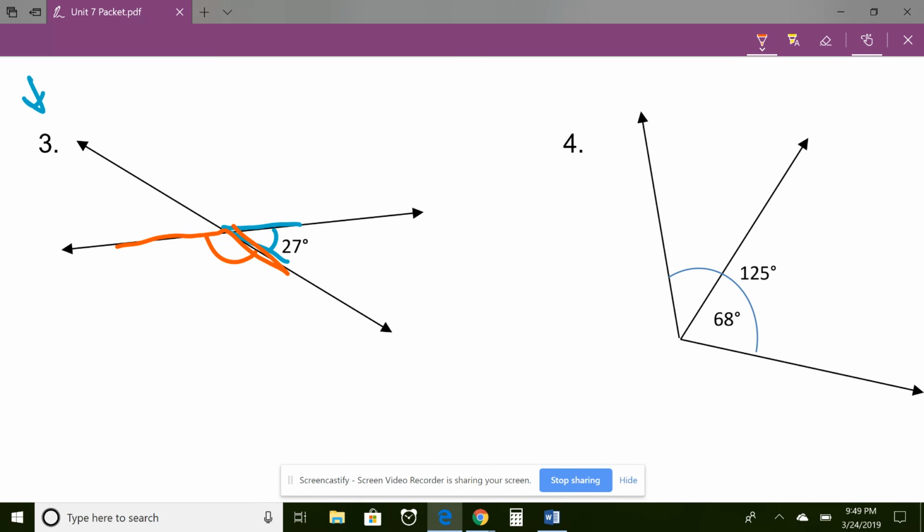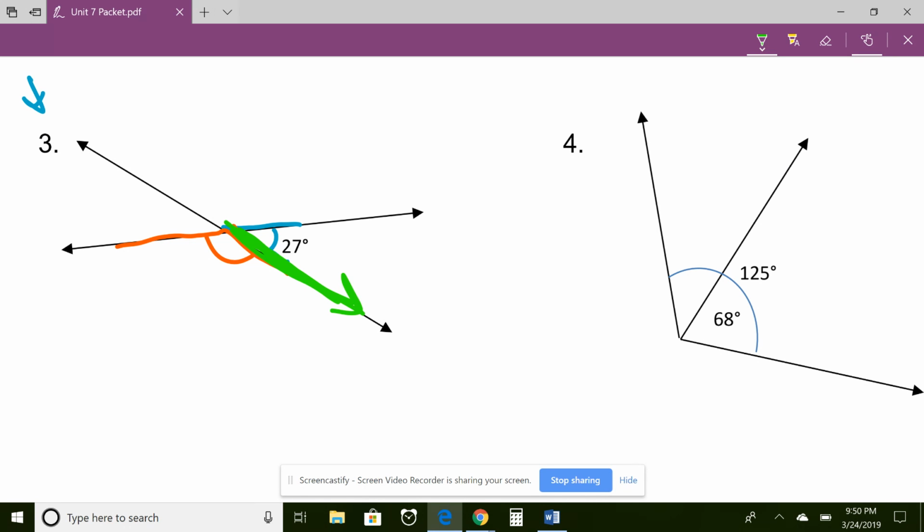They are adjacent because they share this common side that points to the bottom right, which is also called a ray. So not only are these supplementary angles in this case, they are adjacent. Not all adjacent angles are supplementary, just in this problem. We'll look at another problem where there are adjacent angles that are not supplementary.